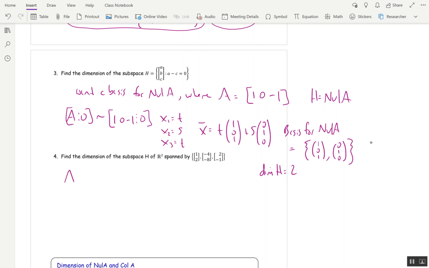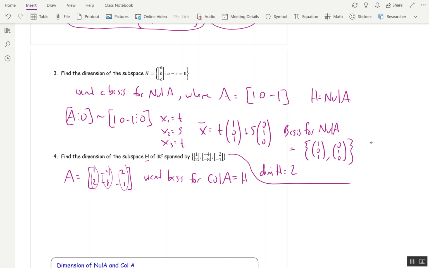You said, let A equal 1, 2, -4, -8, 2, -1, and you wrote down want a basis for col A. Col A is the space spanned by the columns of A. Well, that's exactly what we want. H is the space spanned by those three vectors. So col A in this case is H. They're one and the same.